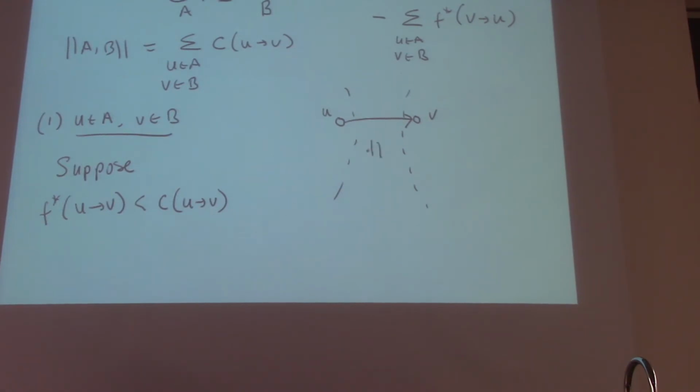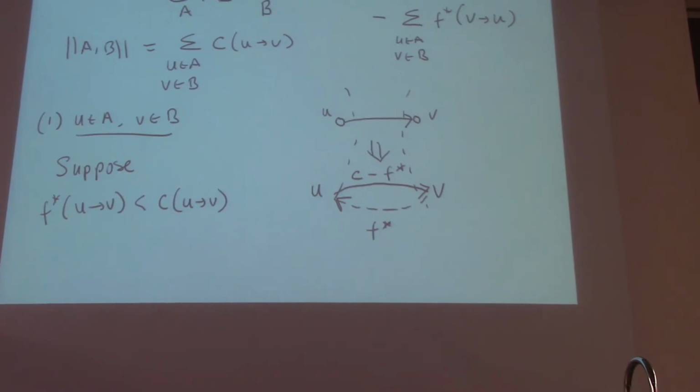Do you agree? Because you pushed F star flow through the edge, the transformation to the residual graph will say that you have the forward edge, which is now of effective capacity C minus F star, and the back edge has capacity F star.